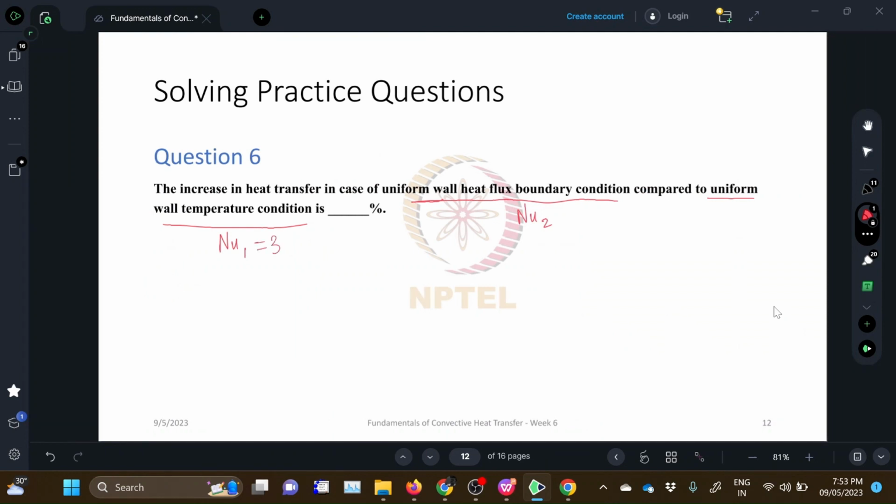So Nusselt number 1 was 3.66 and Nusselt number 2 becomes 4.36. So this percentage increase would be Nu2 minus Nu1 divided by Nu1 into 100%. So this is 4.36 minus 3.66 divided by 3.66 into 100%.